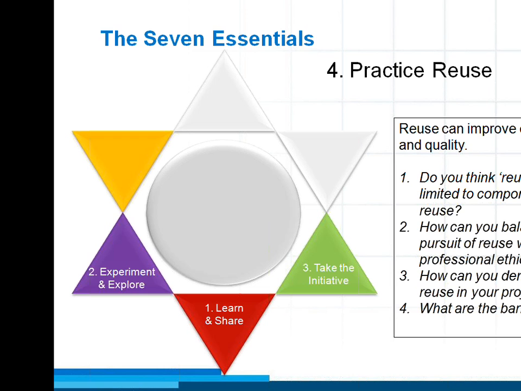And what are the barriers in your team or in your organizations when it comes to promoting reuse? So when you practice reuse, you get a lot of benefits. Number one, you're going to improve productivity, and number two, you're going to improve quality. There are various other benefits too.